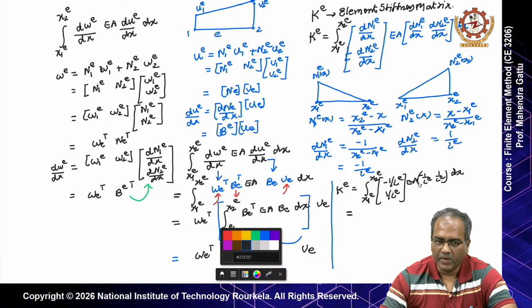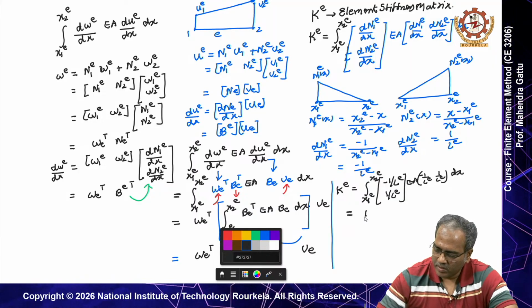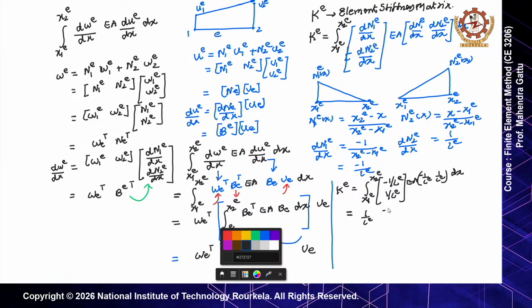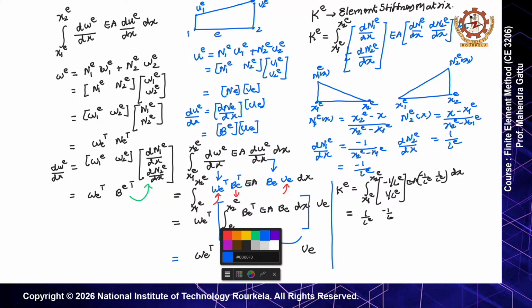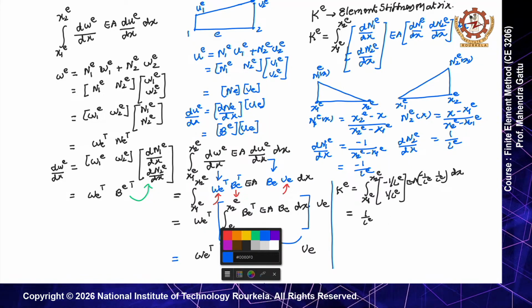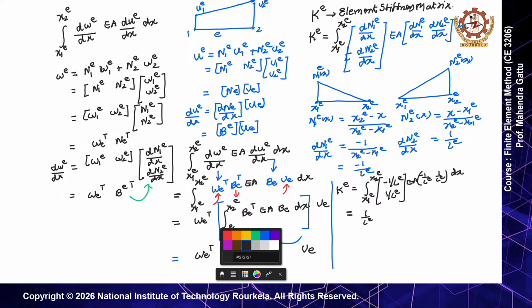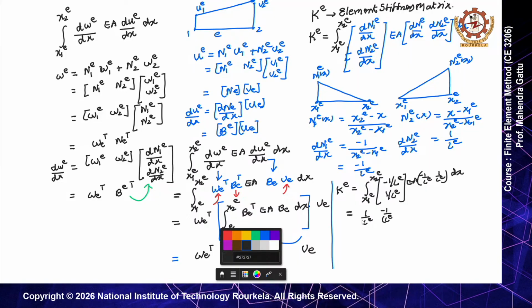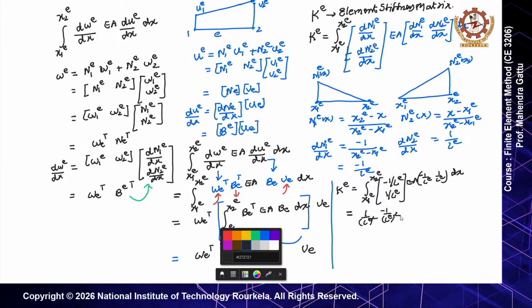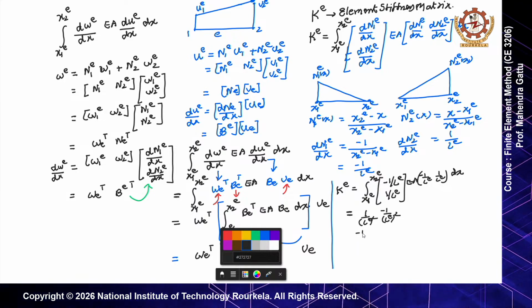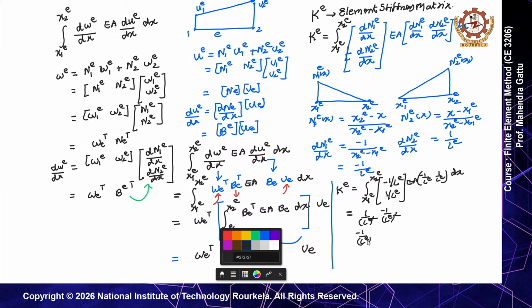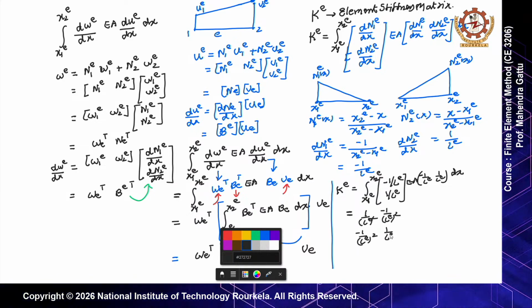So, 1 by Le square, minus 1 by Le square, and the next row will be minus 1 by Le square, 1 by Le square.